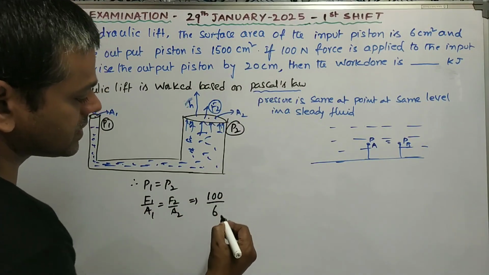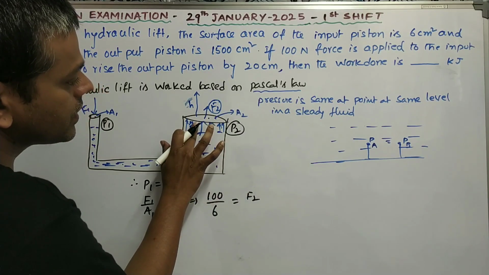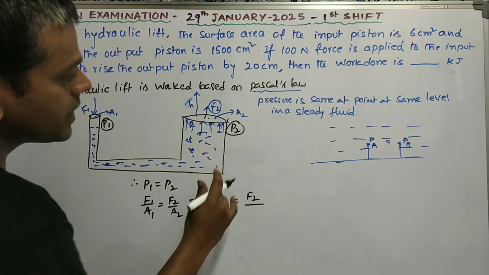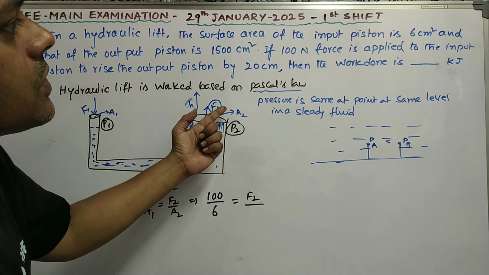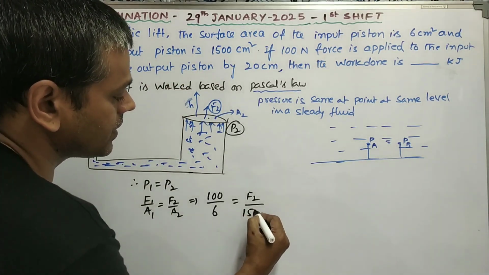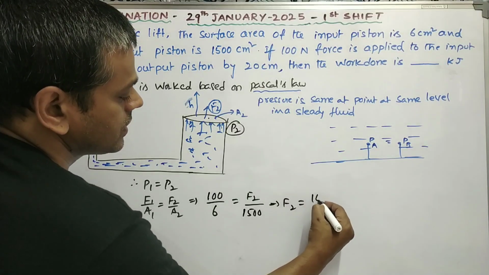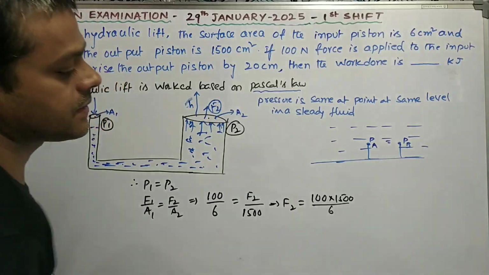F2 is the force delivered on the output piston, whose surface area is also given as 1500 centimeter square. That implies F2 is equal to 100 into 1500 by 6, which is 100 into 250.